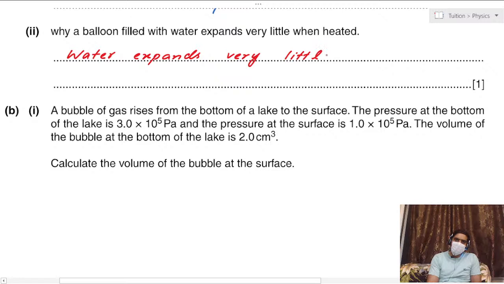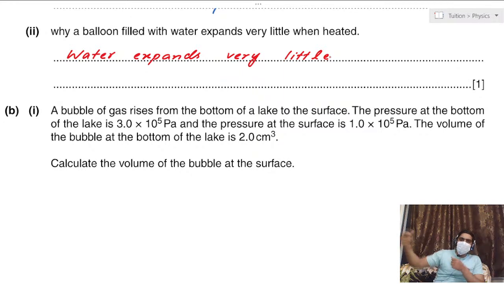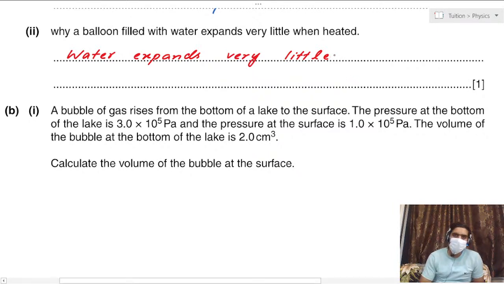So you're trying to heat up the water. You're trying to expand or increase the spacing between the water molecules, but the problem would be the water molecules are holding each other too tightly that you're not able to overcome that force easily. So intermolecular forces are too strong.